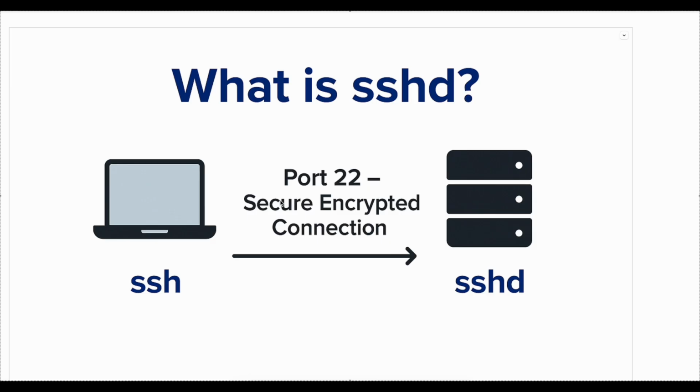In short, SSH is the client, SSHD is the server, and they communicate over port 22 using encryption. So every time you connect via SSH, it's your client talking to this SSHD process on the remote host.